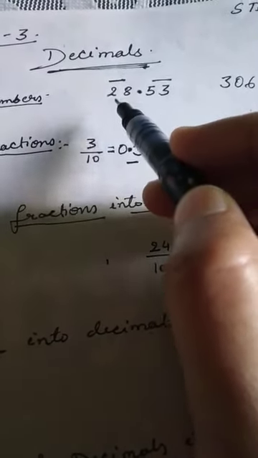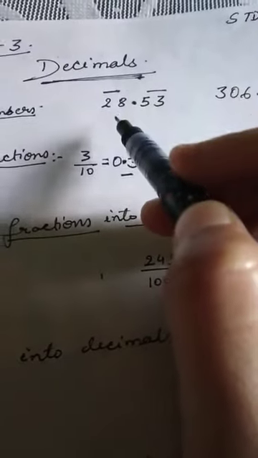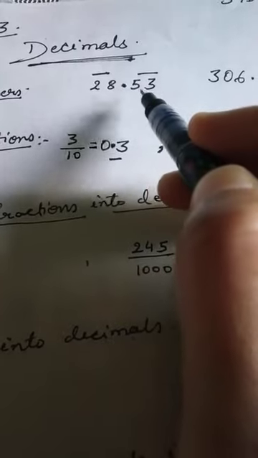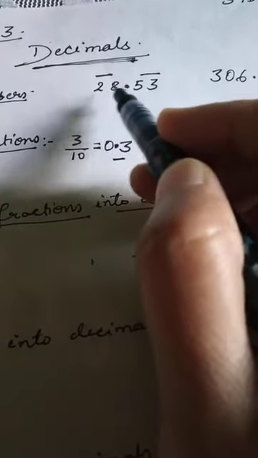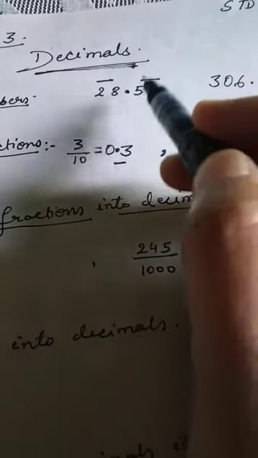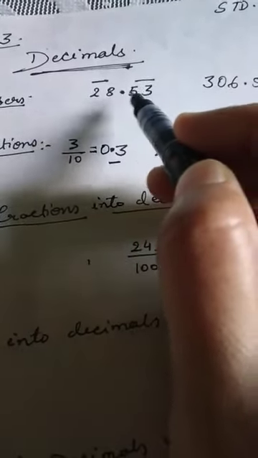Okay. Now how can we read these decimal numbers? We can read it as twenty-eight point five three. Do not read it as twenty-eight point fifty-three, because this is not a whole number. This is a decimal part. So twenty-eight point five three is the right way to read.